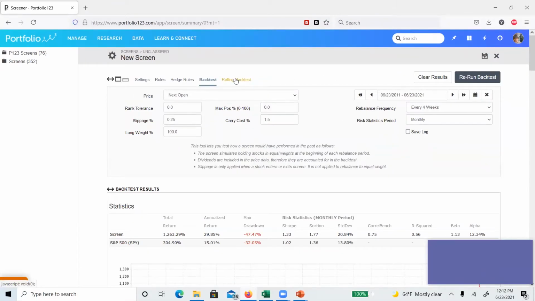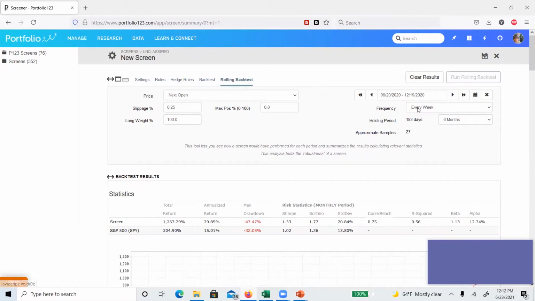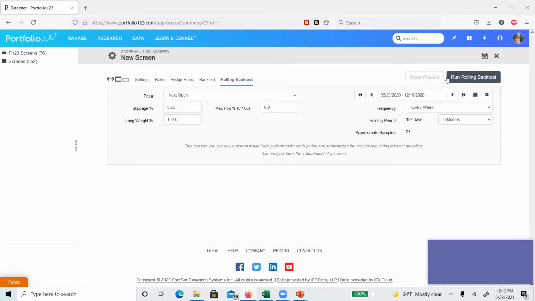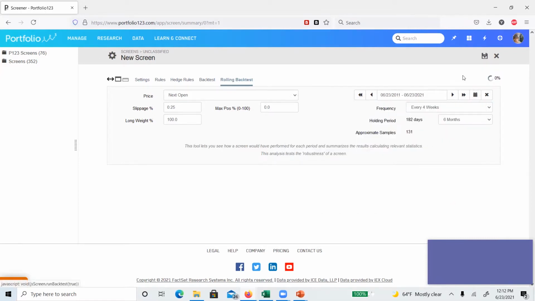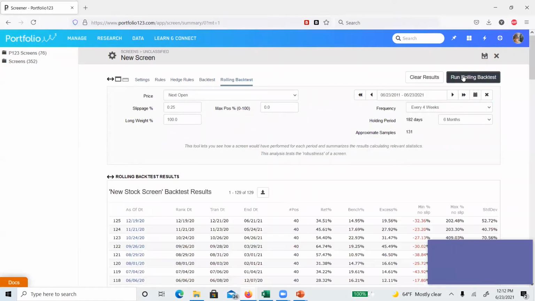Now, let's say I wanted to use a holding period. Instead of every 4 weeks, I wanted to use a holding period of 6 months. I could run this same backtest with the frequency of every week or every 4 weeks over the last 10 years. And it would give me a very different kind of result.